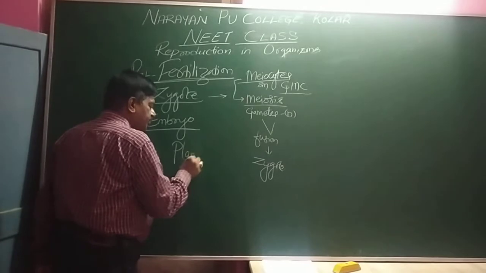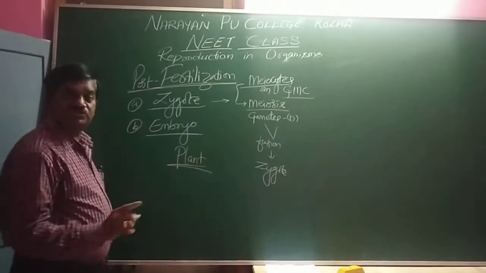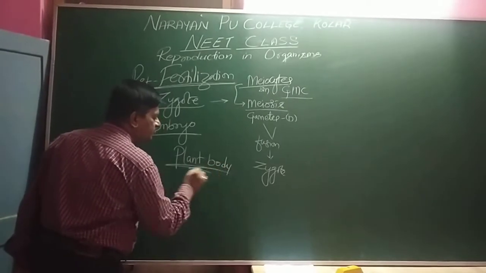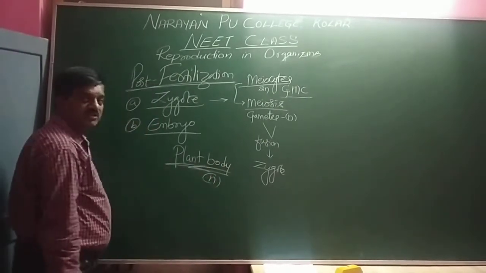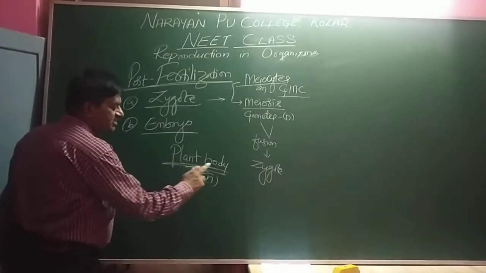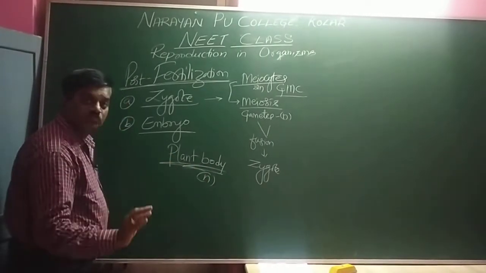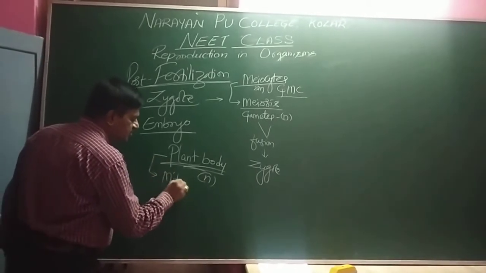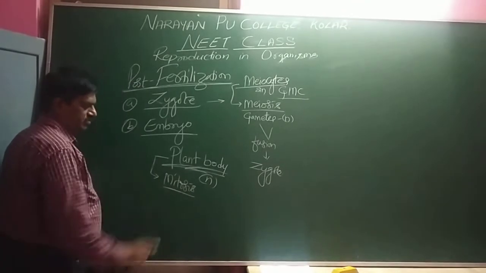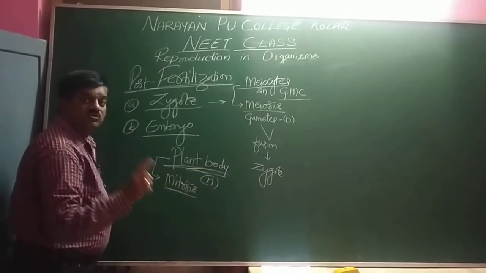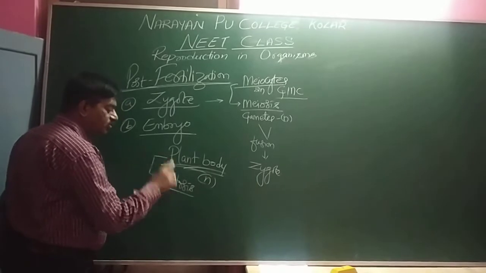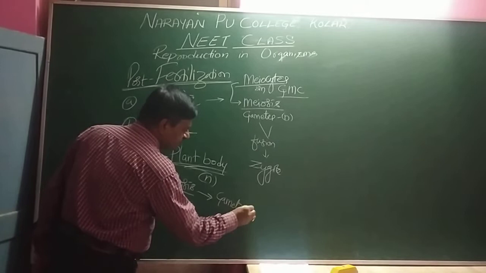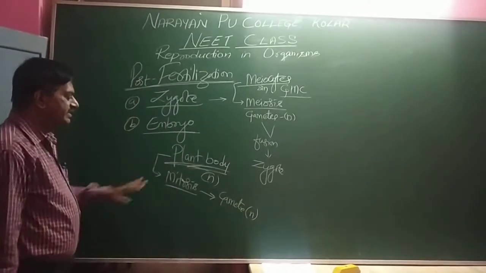some of the plant bodies will be haploid. I repeat, some plant bodies are haploid. This haploid plant body undergoes mitosis to produce haploid gametes.